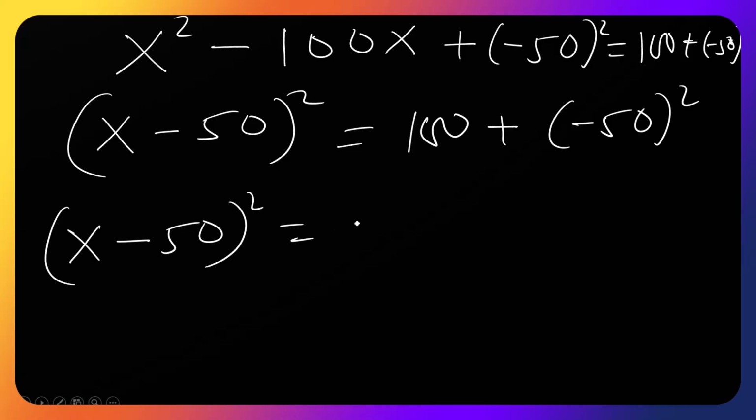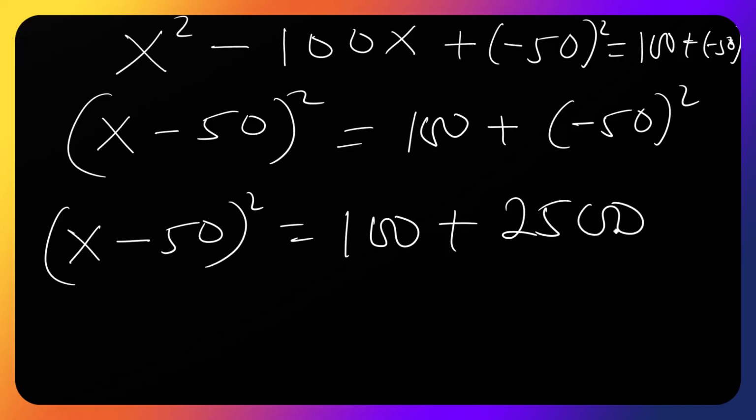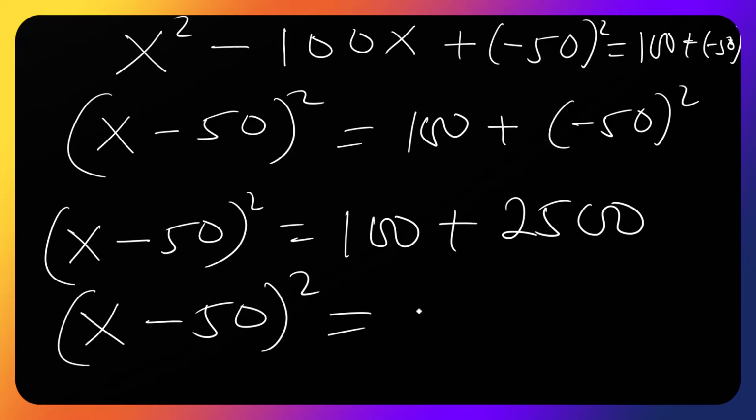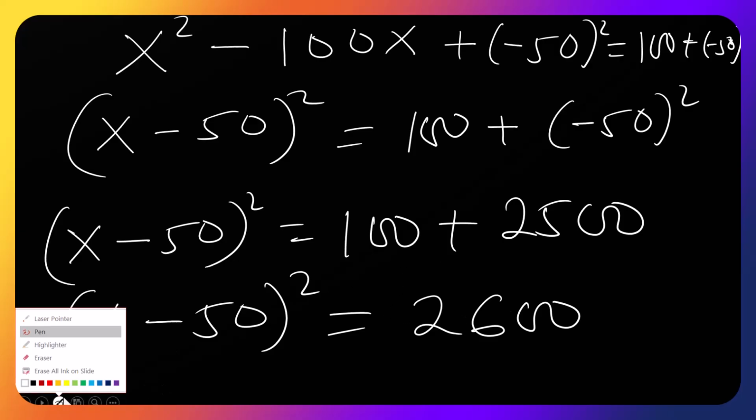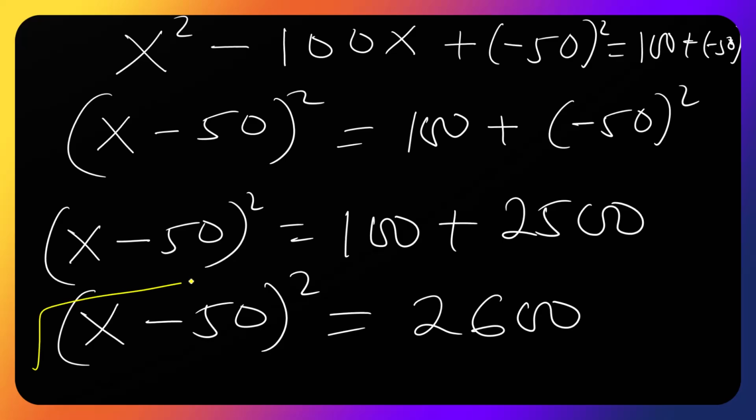Now this side will be positive, so it's the same as 50 squared on the calculator. 50 squared will be 2500, plus 100, so x minus 50 squared equals 2600.